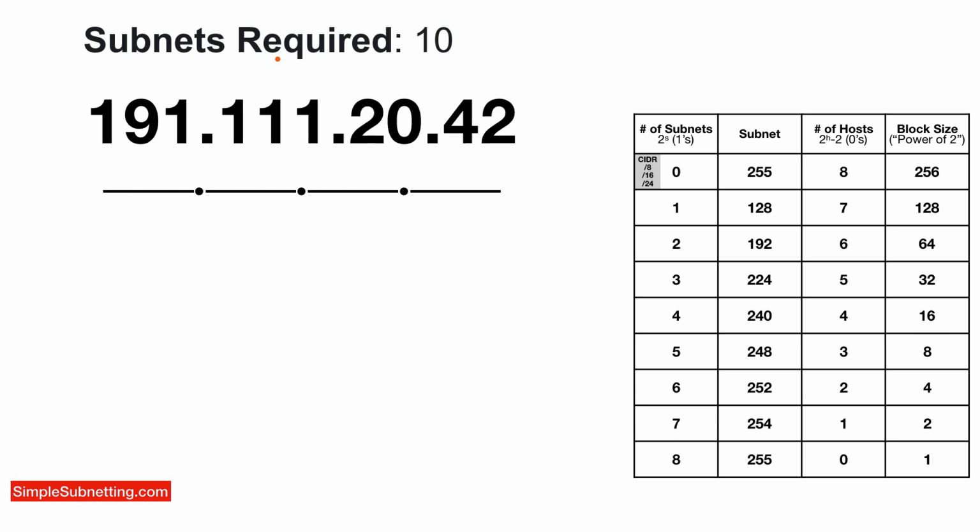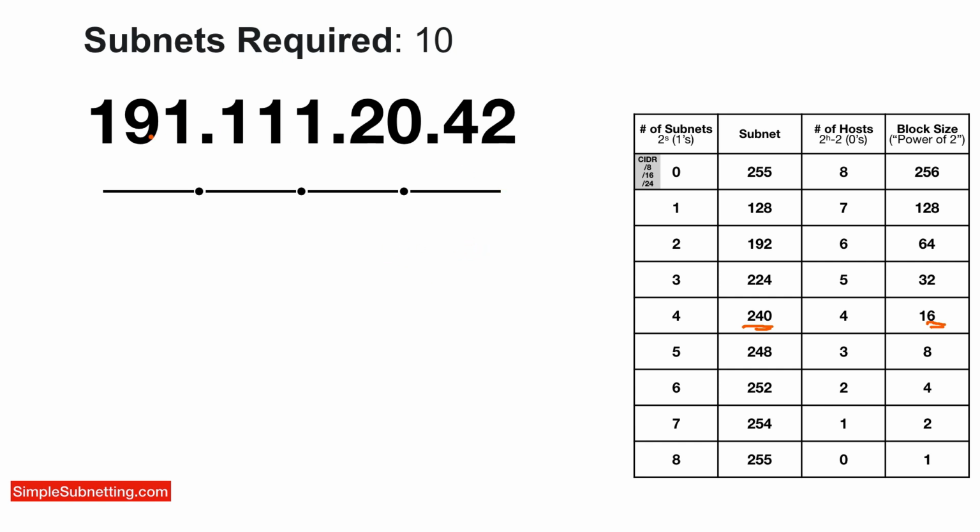Let's try another one. For this one, we have to find the subnet mask for 10 required subnets. So you go to this column, and we look for the closest number without being under. 8 is too little, so it's 16. And we need a subnet mask that has 4 ones in it, which happens to be this one, so it's 240. Now, how do we know which class of subnet mask, A, B, or C?